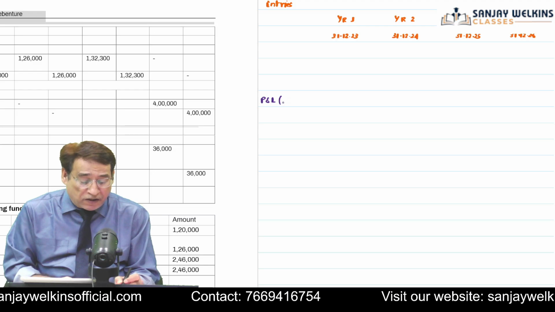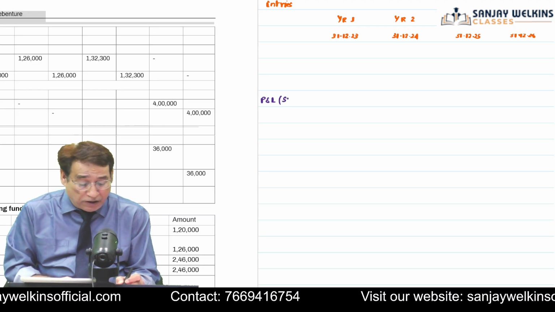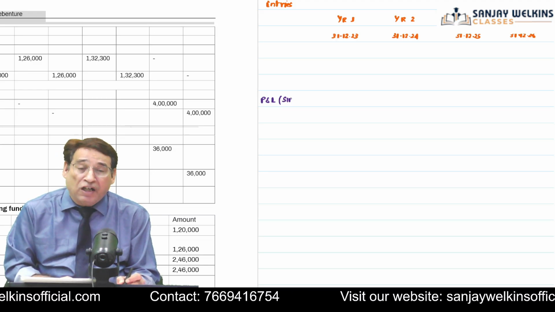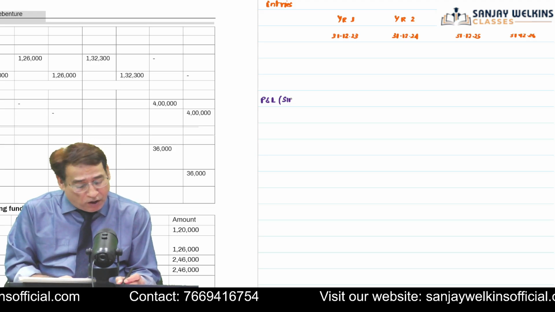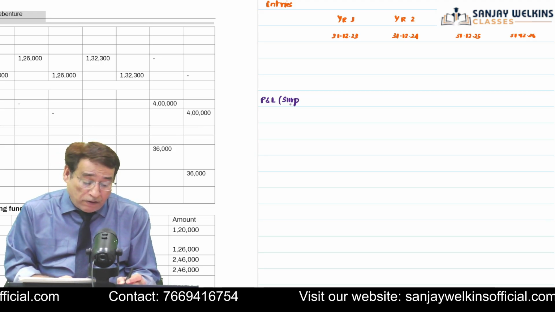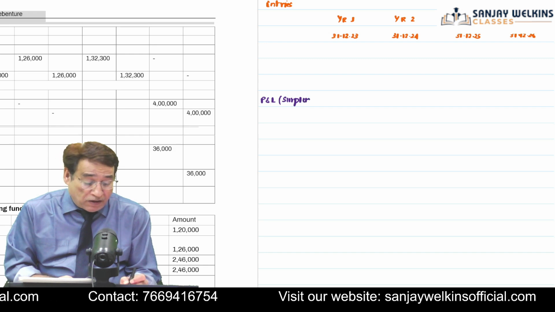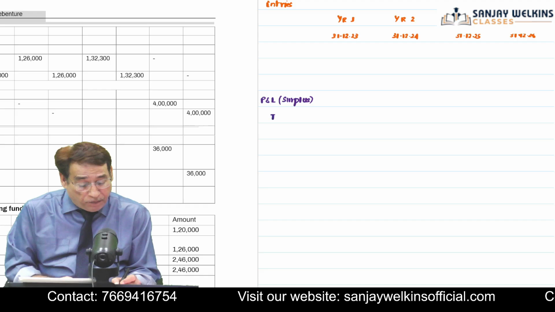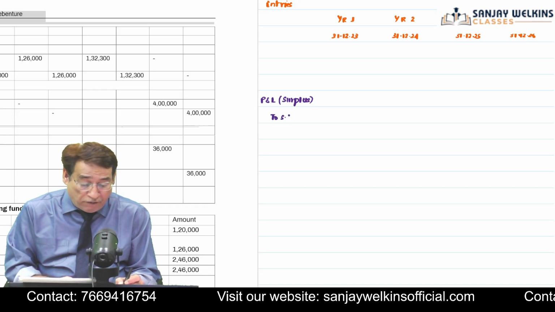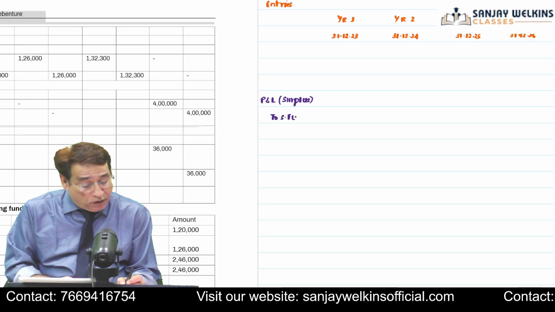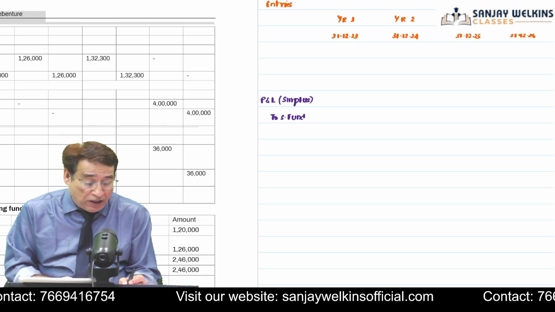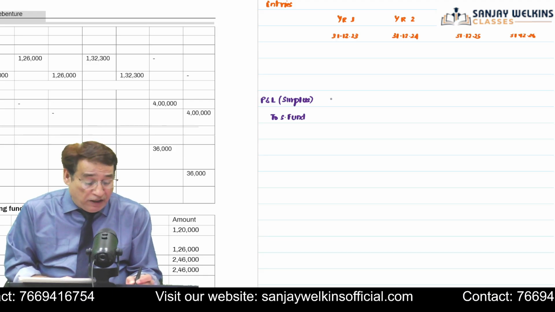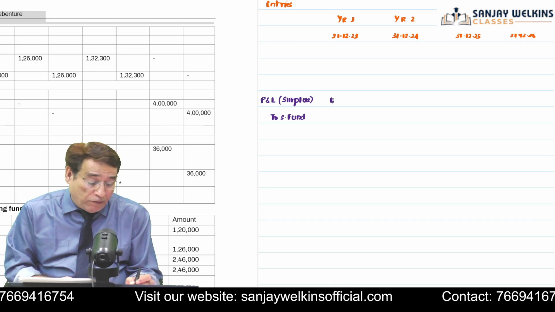You can also write surplus account debit, because generally this transfer is made out of a statement of surplus. Or simply you can write profit and loss account. It automatically means that we are transferring from a statement of surplus. So P&L account debit to sinking fund account. So I will write to sinking fund account at the end of the first year. At the end of the first year, obviously my amount will be 1,20,000.